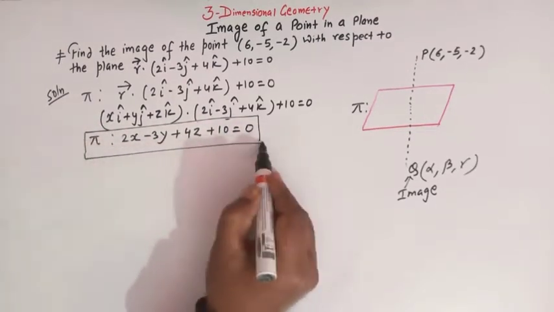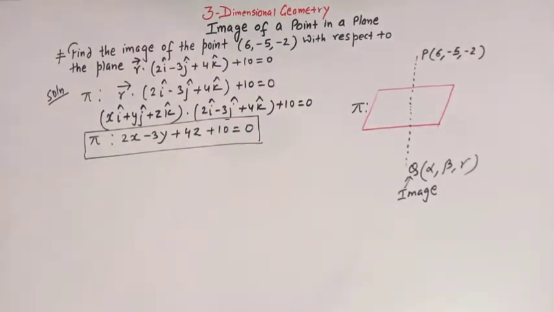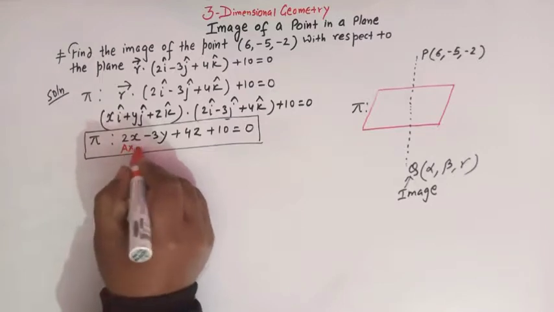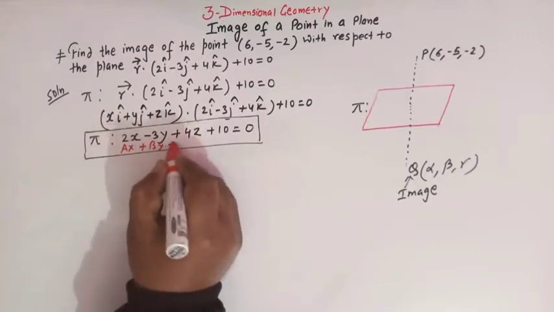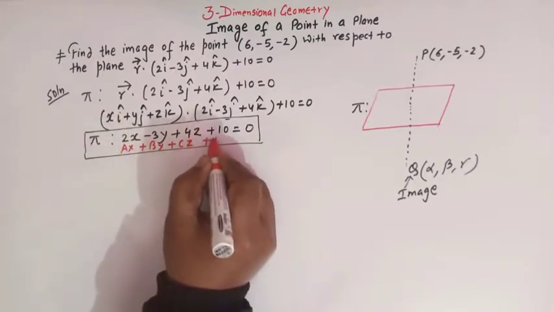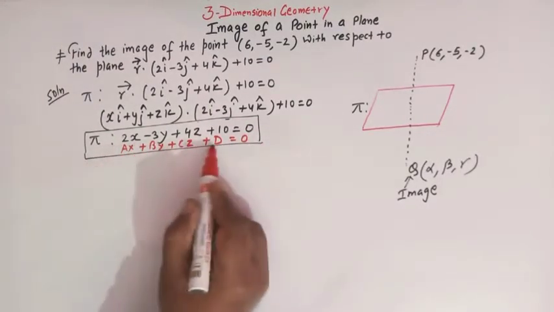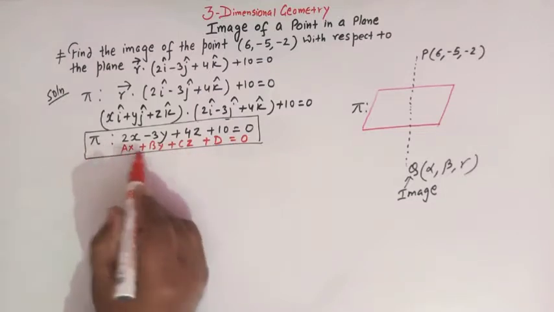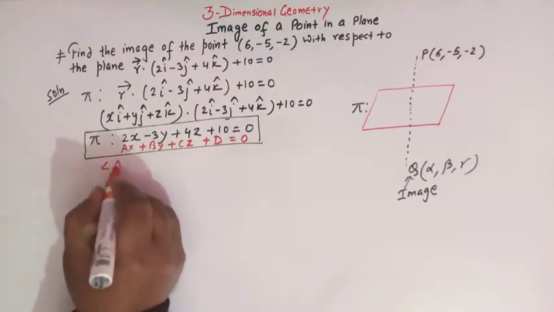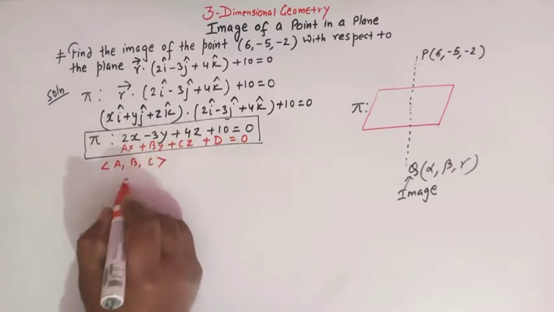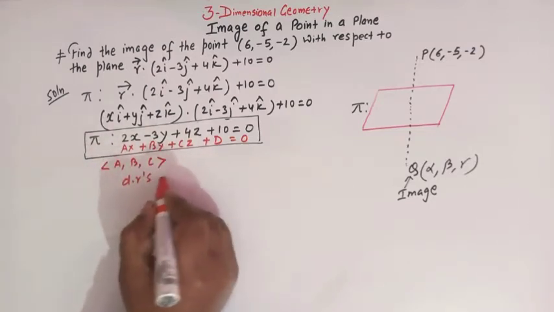Now from the equation of the plane we see that this equation is of the form ax plus by plus cz plus d is equal to 0. This is the standard form of the Cartesian equation of a plane, and a, b, c denote the direction ratios of the normal vector.